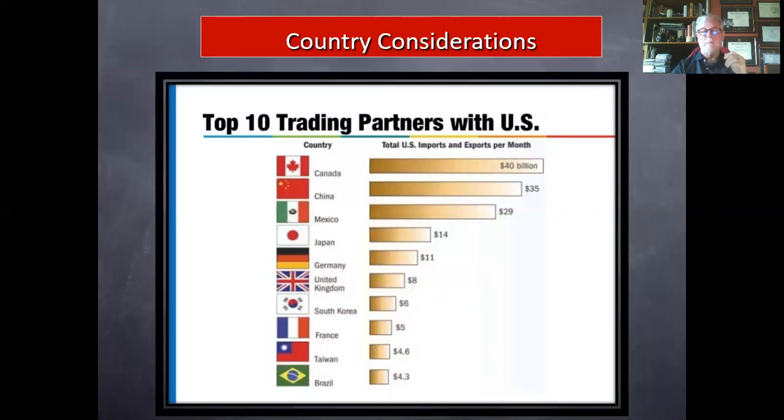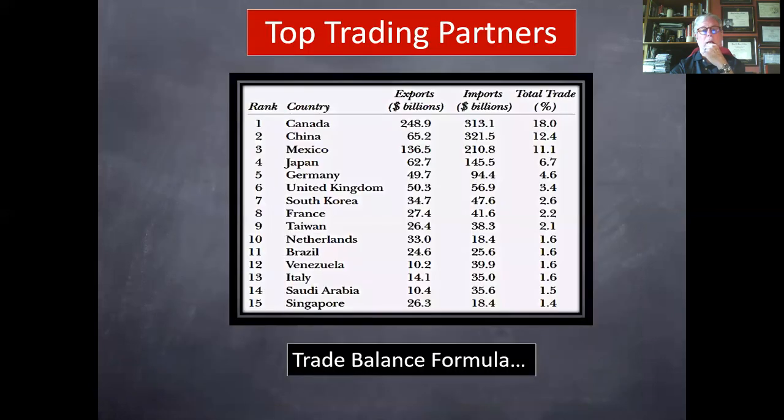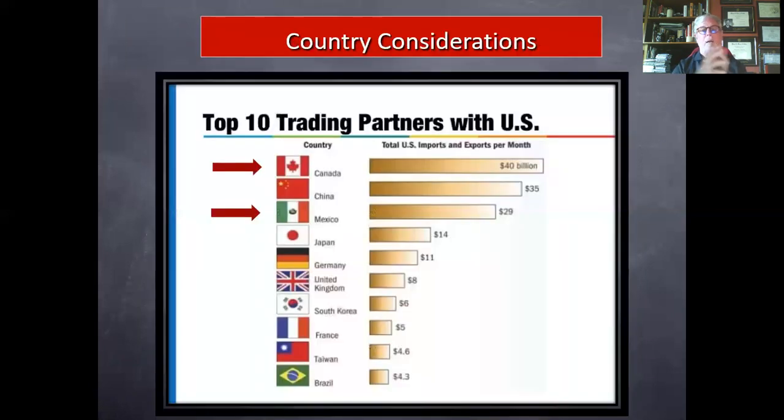The top trading partners of the United States are Canada and Mexico, and of course, one-sided, but China. But these two are part of the European Union, and that's why it shows here. And then you have the remainder of the countries. You can see Brazil down here.